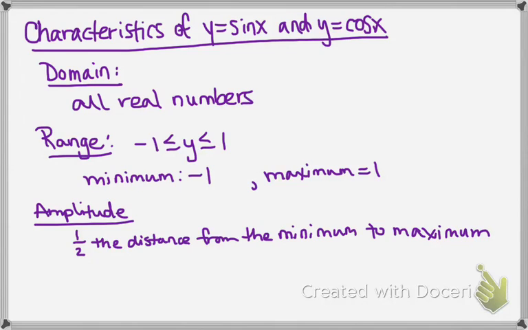Or if looking at the graph, it's how high the graph goes or how low it goes. But remember, amplitude will always be a positive number. So in the case of just the plain y equals sine of x and y equals the cosine of x, that amplitude is just 1 because it only goes as high as 1 and it goes as low as -1. But once we start adding numbers in here, that's going to change the amplitude.